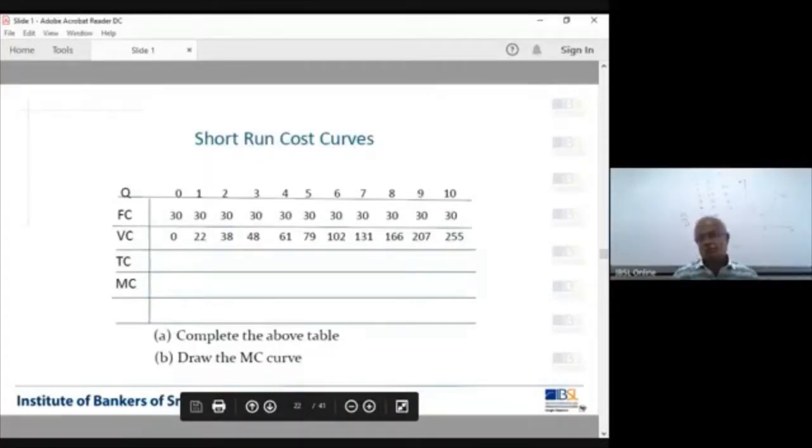That is the most important thing. Mathematically, if you know the formula, you can calculate marginal cost and marginal revenue. The most important thing is why it is U-shaped. When output increases, why does MC decrease and then increase?